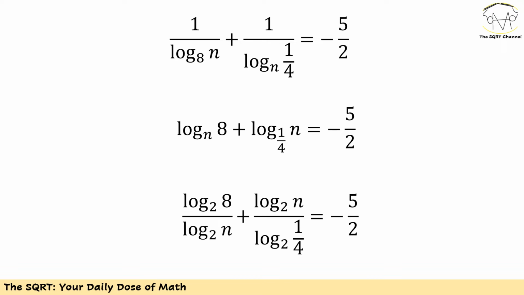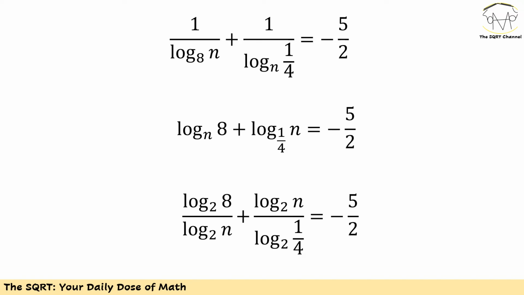And then the next thing that I'm going to do is to write log of 8 in base n as log of 8 in base 2 over log of n in base 2. If we use the same trick for the second term, I will have log of n in base 2 over log of 1 over 4 in base 2.